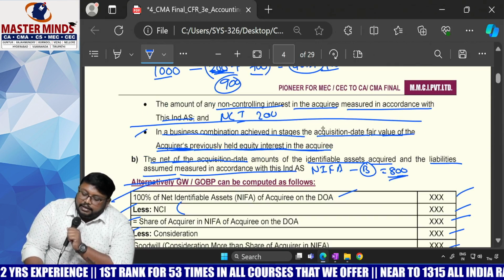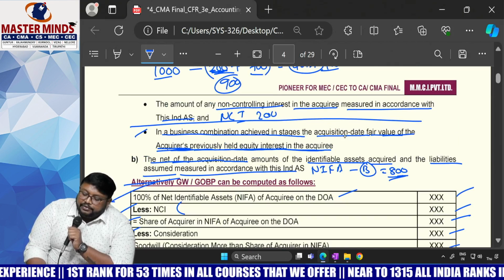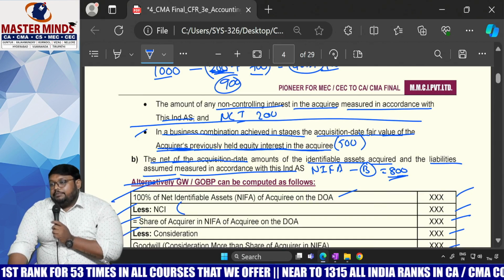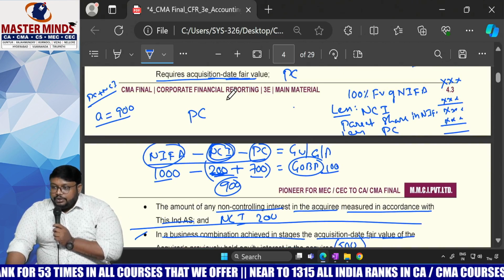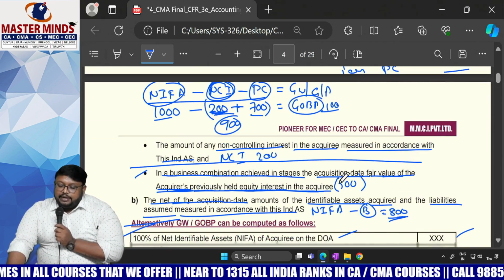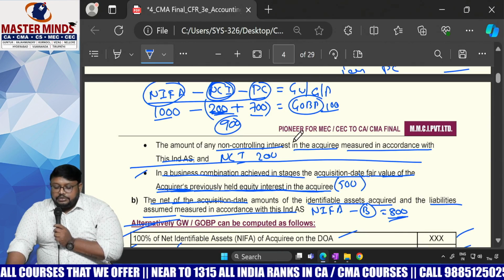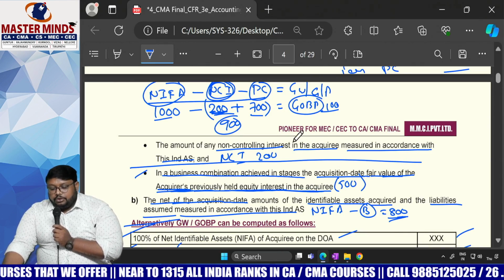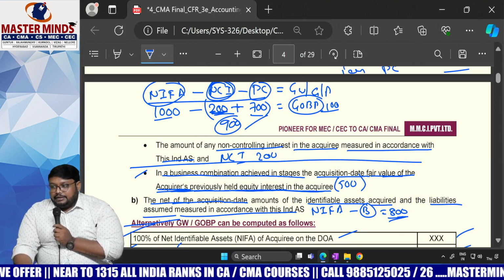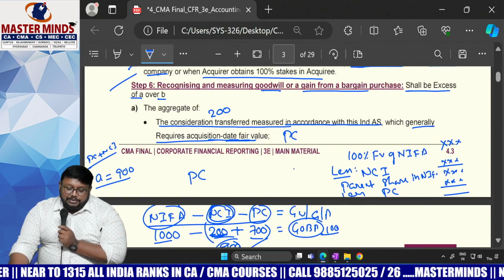And the previously held interest at fair value, how much? 500. So on the date of acquisition, 200 plus NCI 200 plus previously held 500. Total amount of A will be 900.